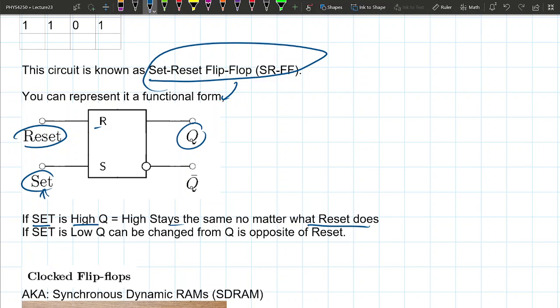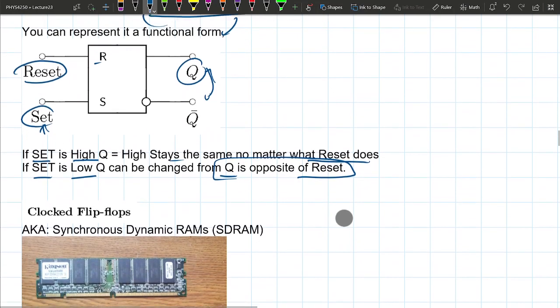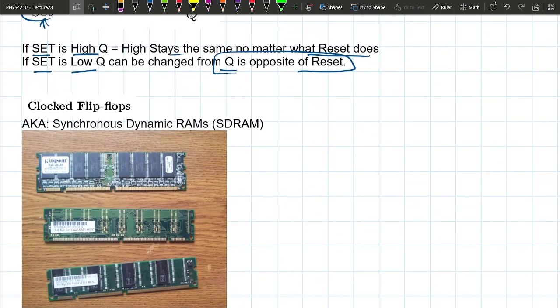But when the set voltage is low, meaning at 0, Q can be changed by set and reset. Whatever Q is, it's going to be opposite of reset. Now the memory is open to be changed. Make sense? Maybe? A little bit? Okay.